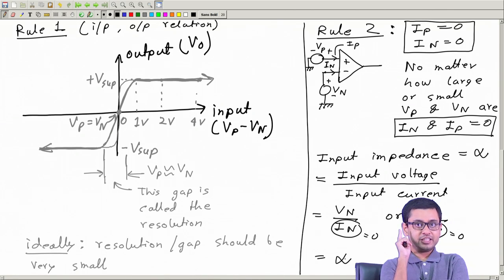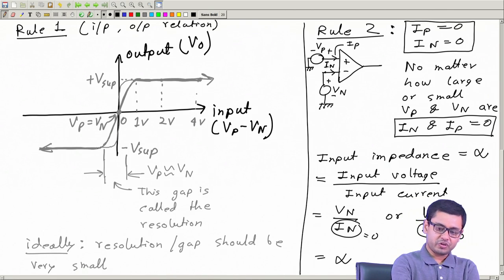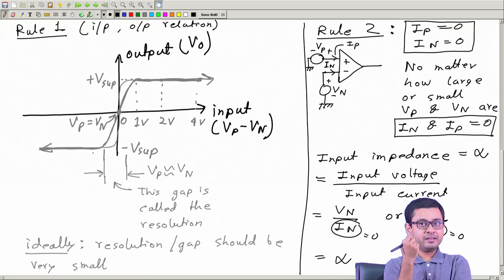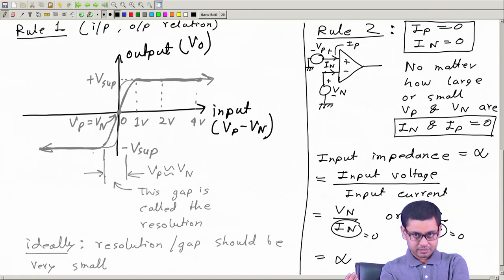Number one, the input output characteristics shown here, which verbally is: output is positive if Vp is higher, output is negative if Vp is lower. And rule number two, no current can go into the op amp through the input terminal, and no current can come out from the input terminal. That's all. Okay. So let's continue from this point onwards.